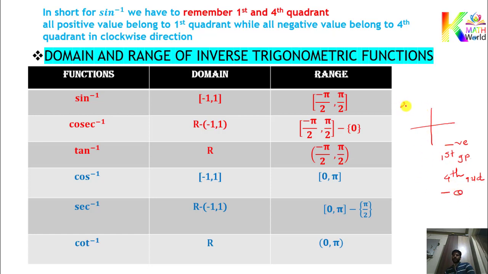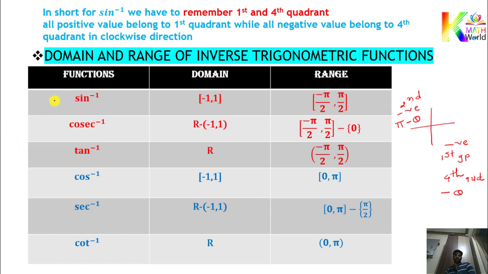While for the second group with a negative value you get the second quadrant, and the format of that is pi minus theta. If you remember these two things, you can easily remember it properly.